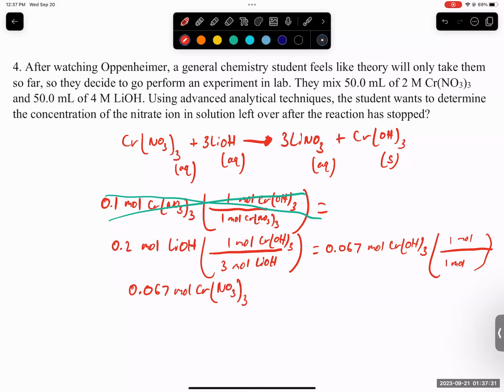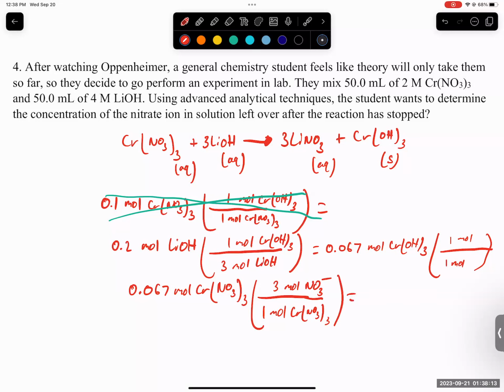Is this the final mole amount of our nitrate ion? Why not? There's 0.067 moles of chromium nitrate, but is there also 0.067 moles of the nitrate ion? No. You would have to multiply it by the number of nitrate ions. For every 1 mole of chromium nitrate, there are 3 moles of nitrate ions, NO3 minus.